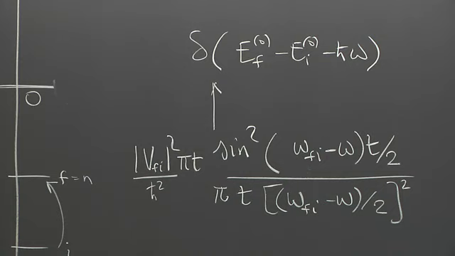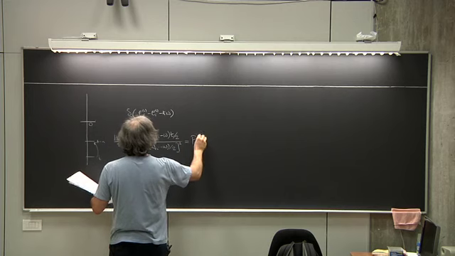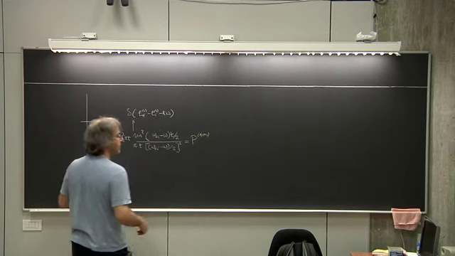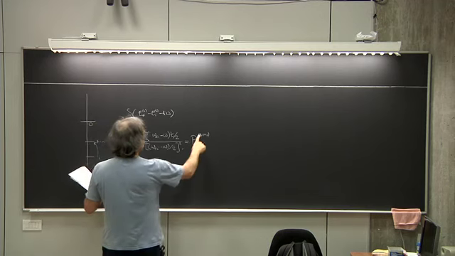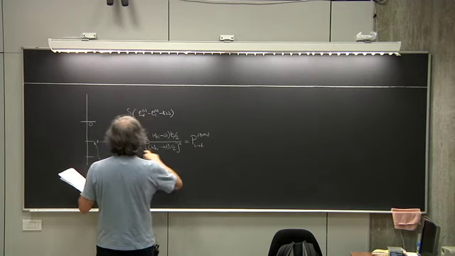Let me see the correct factors. Yeah, it's quite perfect. Okay? So this is the probability, okay? Obviously in first order, and neglecting non-resonant terms, that you excite your system from i to f, two levels.